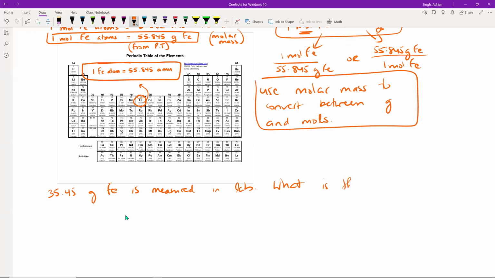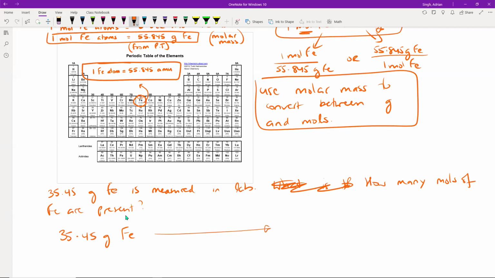How many moles of iron are present? Okay, so here again, what we're given is 35.45 grams of Fe. We want to convert this to moles of Fe.